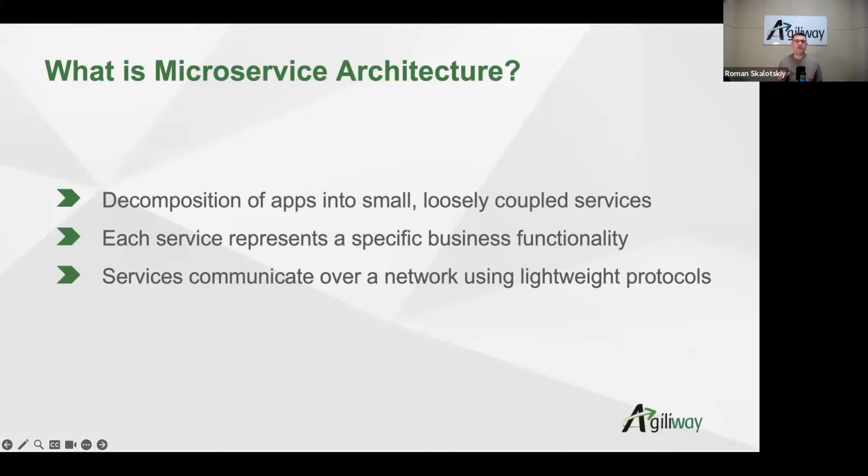Each service is focused on a specific business function like user authentication or order processing, and can be developed, deployed and scaled independently. And this approach makes it easier to update and maintain the application, since changes to one service don't necessarily impact others.